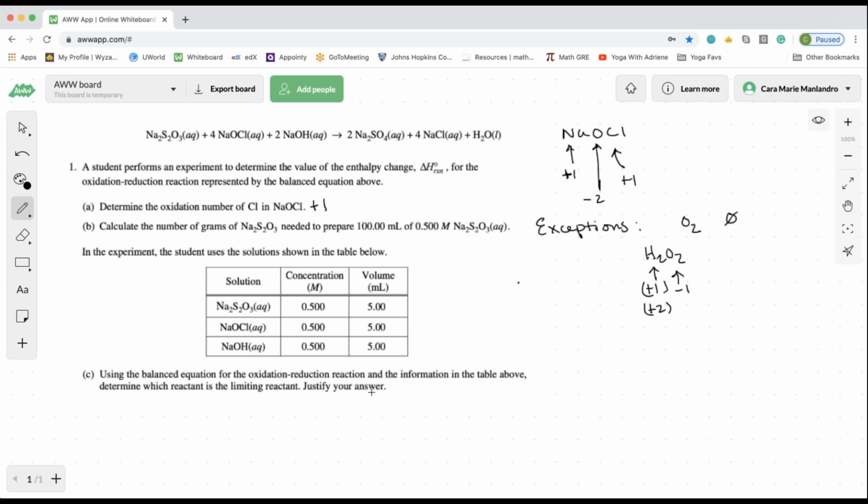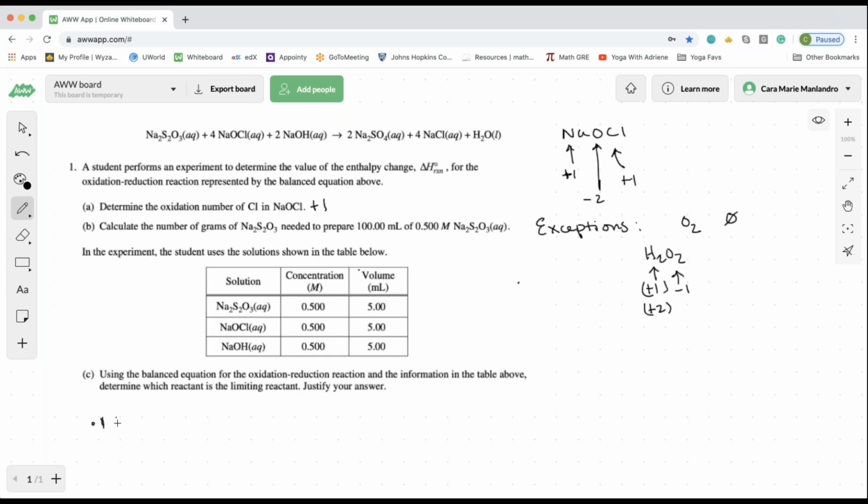Let's see. What is the number of grams of that compound needed to prepare 100 milliliters of 0.5 molar? I'm going to start with what I'm given, the 0.1 liters.